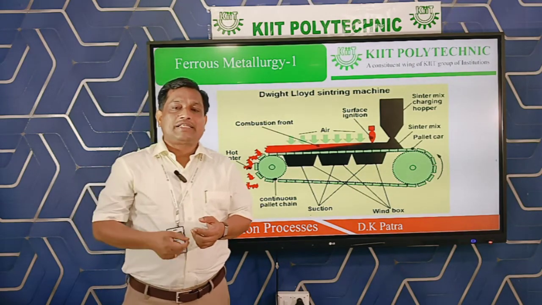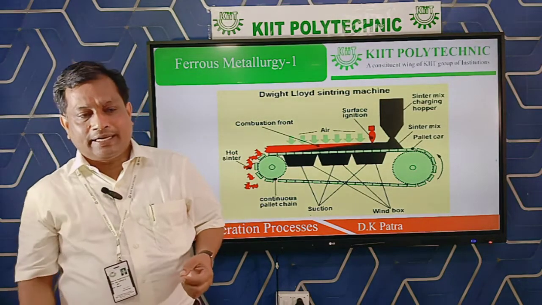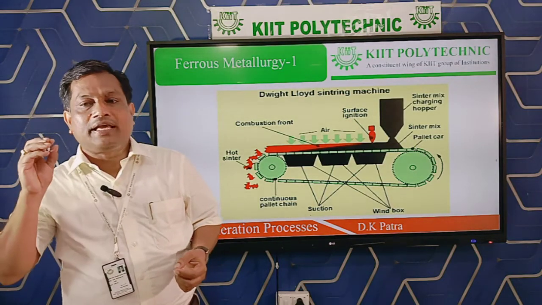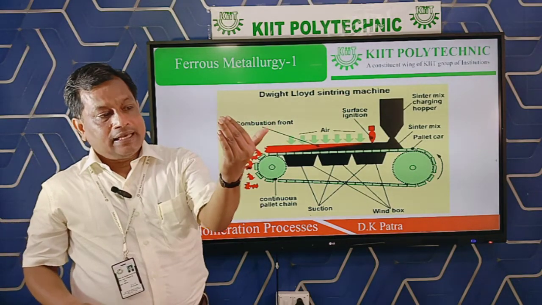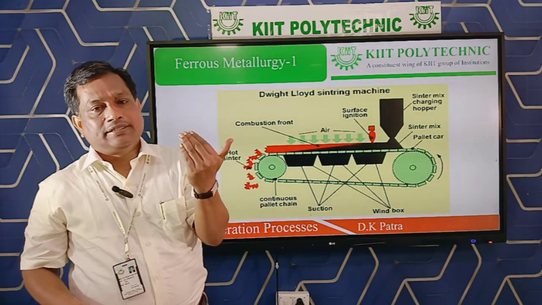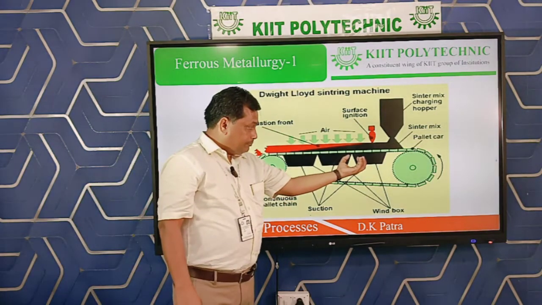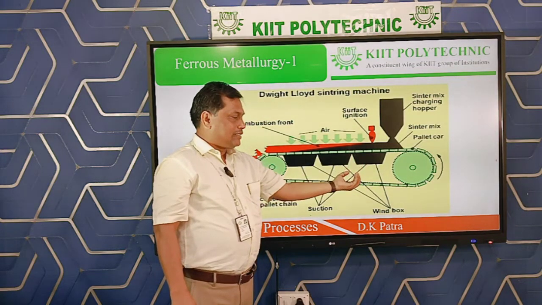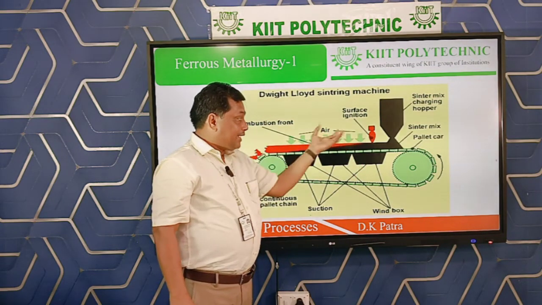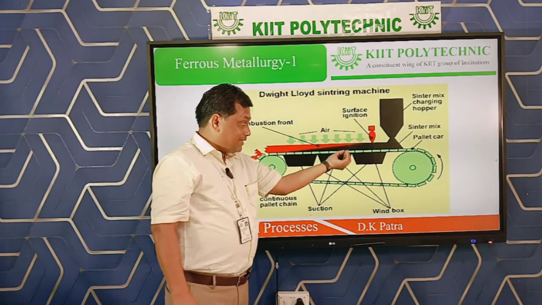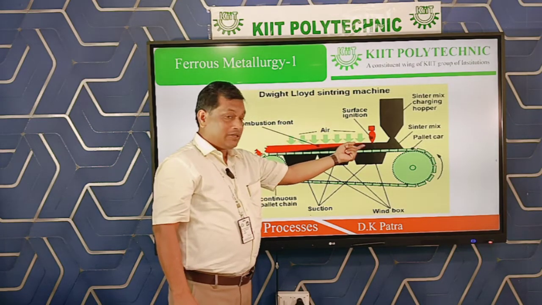The tip of the cigarette is fired, and when one sucks the air through it, the fire comes gradually inward towards his mouth. Similar is the case here. Whenever we suck air through this chamber, the air from the atmosphere passes through the bed, and the fire will cover the bed.